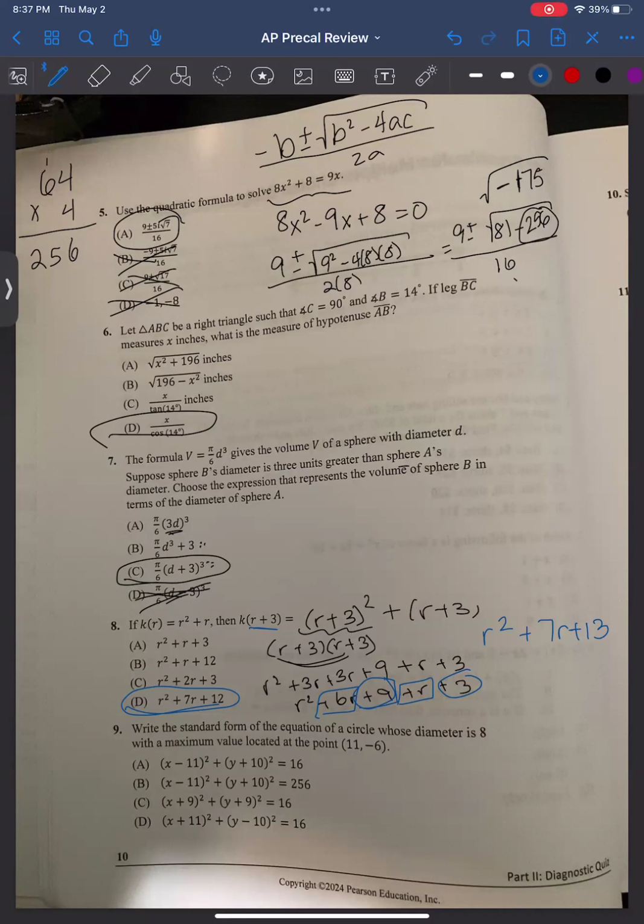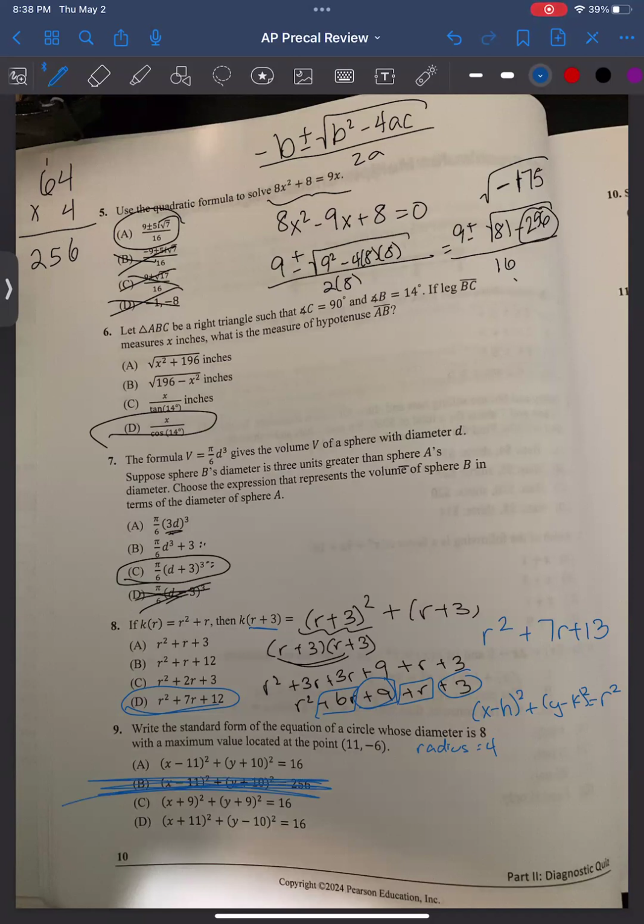The standard equation is x minus h squared plus y minus k squared equals the radius squared. But then I need to figure out the radius, which they tell me the diameter is 8. So the radius is half of the diameter, meaning it's 4, right? So automatically, B is gone.